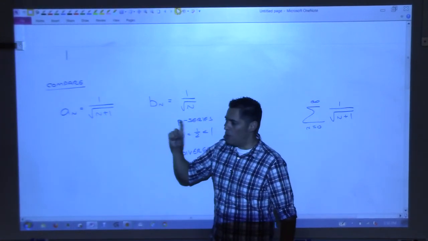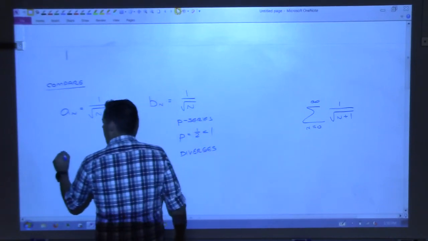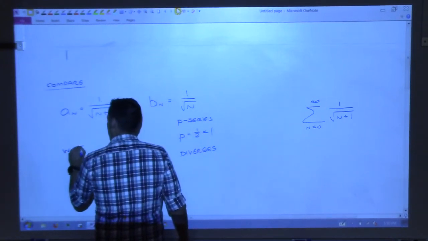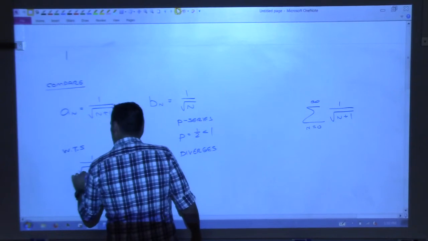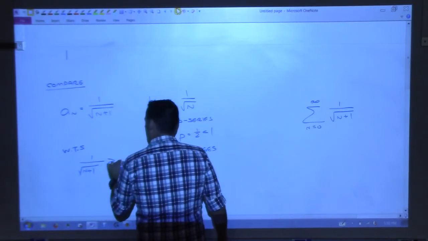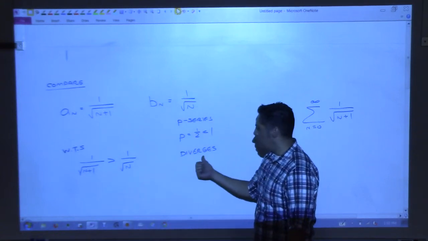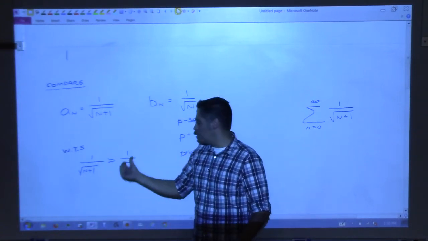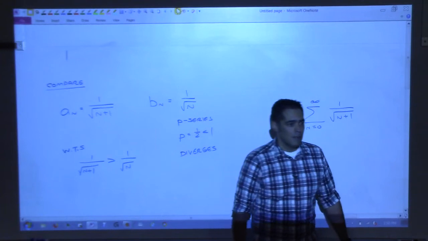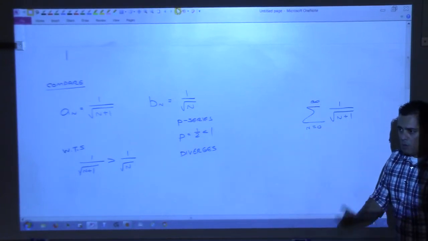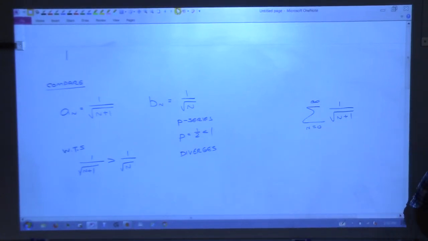So one option is to show that 1 over root n plus 1 is bigger than 1 over root n. If this diverges, we want those to be bigger. That way, if this blows up, that blows up. That's one way. What would another option be?